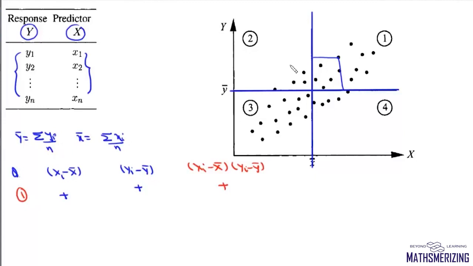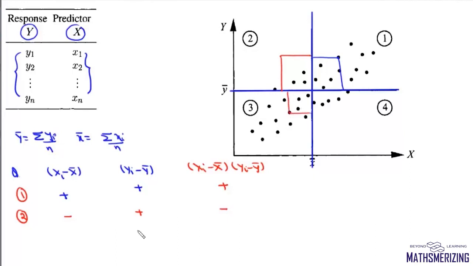So in the first quadrant, this product will be positive. Now in the second quadrant, if we take any point, then this y minus y bar will be positive. But x minus x bar in this case will be negative. So this value will be minus. So in second quadrant, this product will be negative. Now if we consider this third quadrant, this is below y bar and it is on the left of x bar.